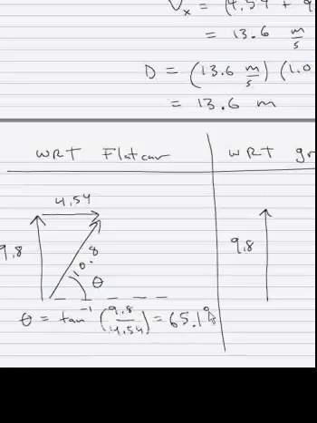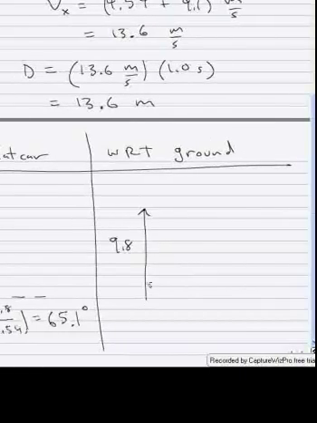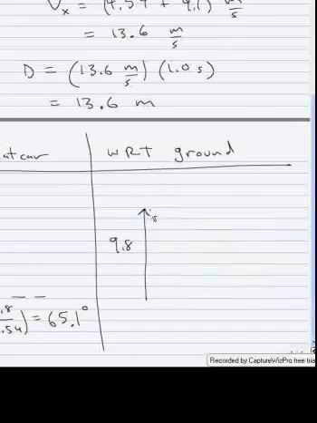65.1 degrees. And with respect to the ground, the y velocity is still 9.8, but now instead of 4.5, we have 13.6 as our x velocity.